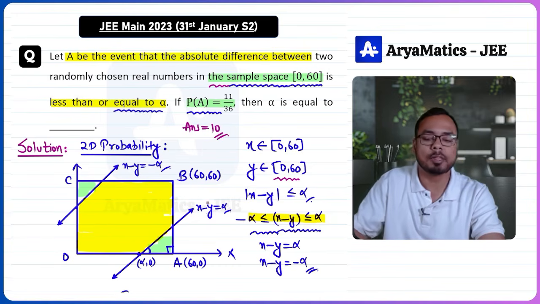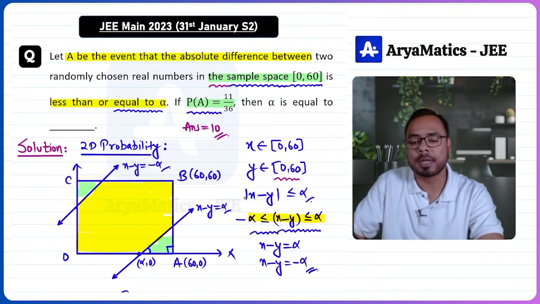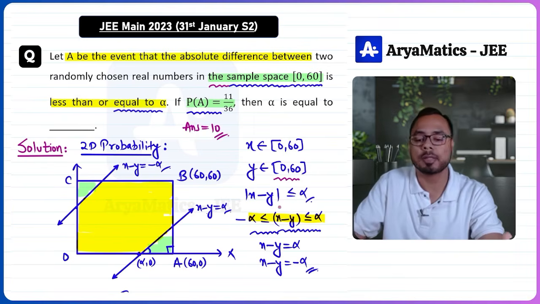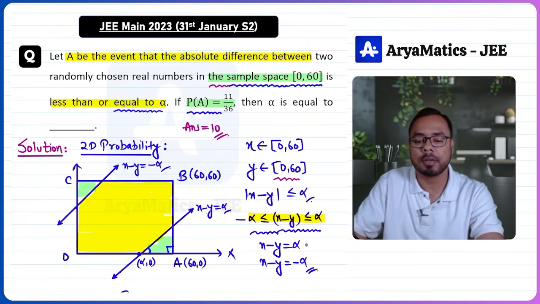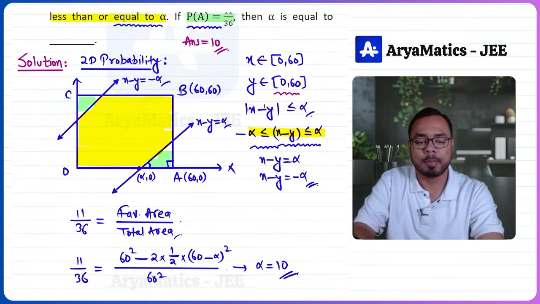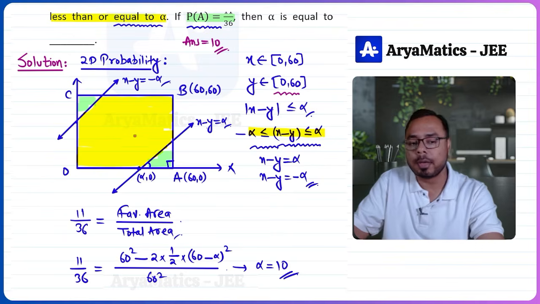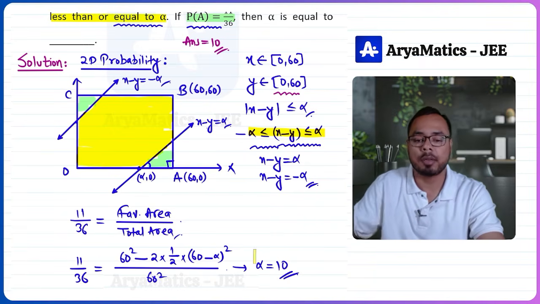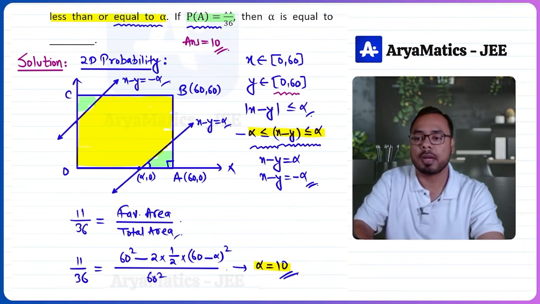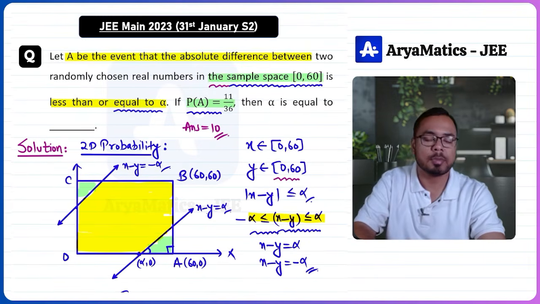And then the favorable case will be all those values of x and y satisfying this inequality, that minus alpha is less than or equal to x minus y, which is less than or equal to alpha. So plot these two lines, and then that inequality is representing the area bounded between these two lines. In case of 2D probability, the required probability is favorable area by total area. So from there we got this equation, and after solving we got alpha as 10, and hence the correct answer for this problem will be 10.